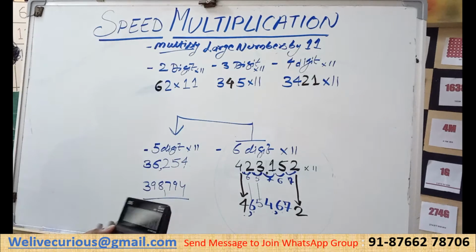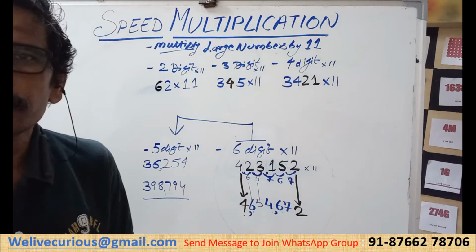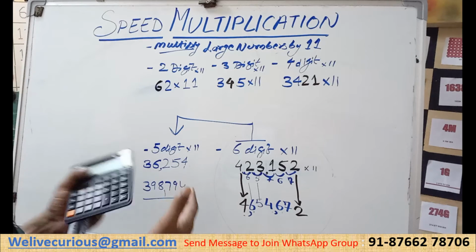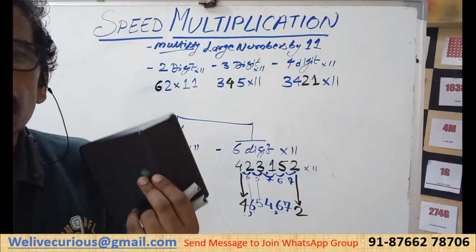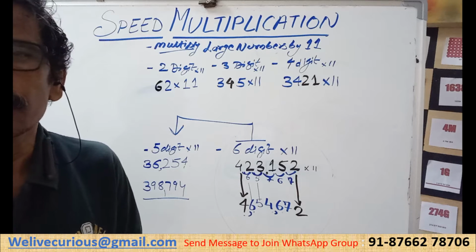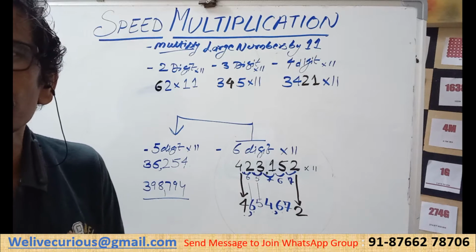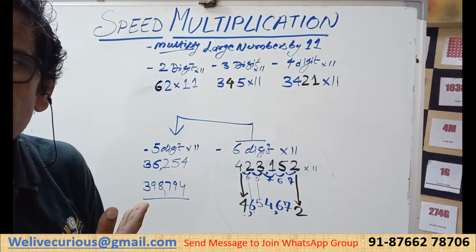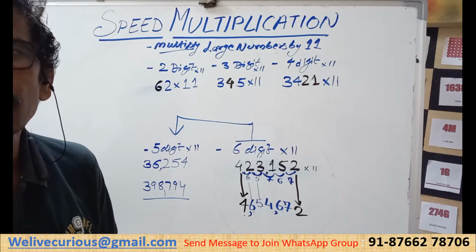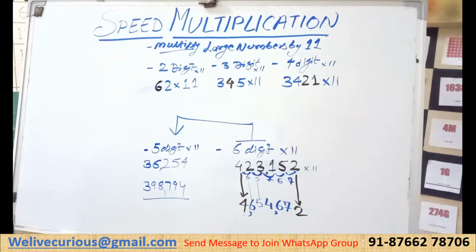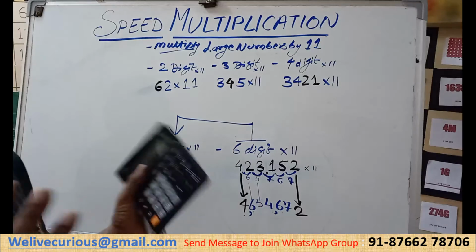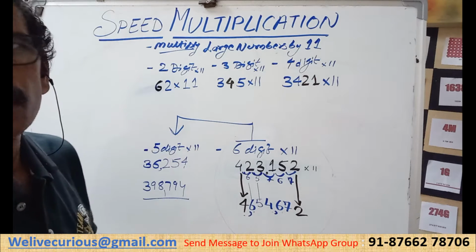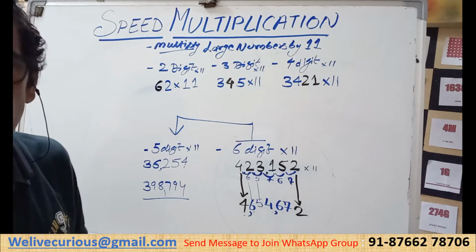398,794. See, as a parent, if you have a small kid who fears mathematics, this kind of exercise infuses confidence in the kid. They think, oh, if this is mathematics, I can do it. But if mathematics is sold or taught as only a rote learning exercise, this is what puts people off the course of learning mathematics.